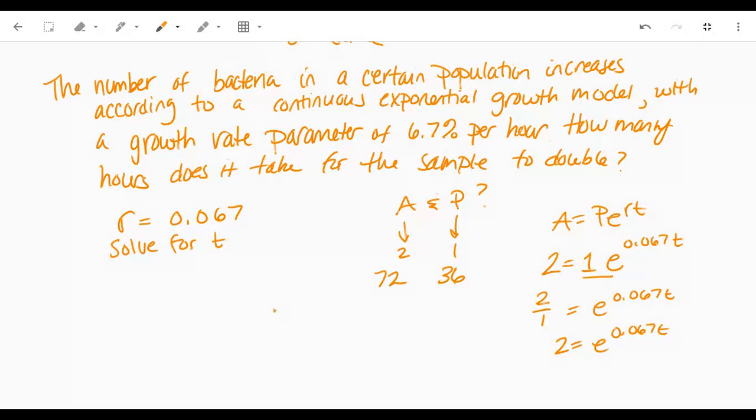So I could do 72 equals 36 e to the 0.067t. My first step is going to be dividing by 36. So I'm still going to get 2 is e to the 0.067t. Okay, they're just kind of dummy placeholders there. It doesn't matter, okay, because the first step, it's a ratio of them anyways. All right.